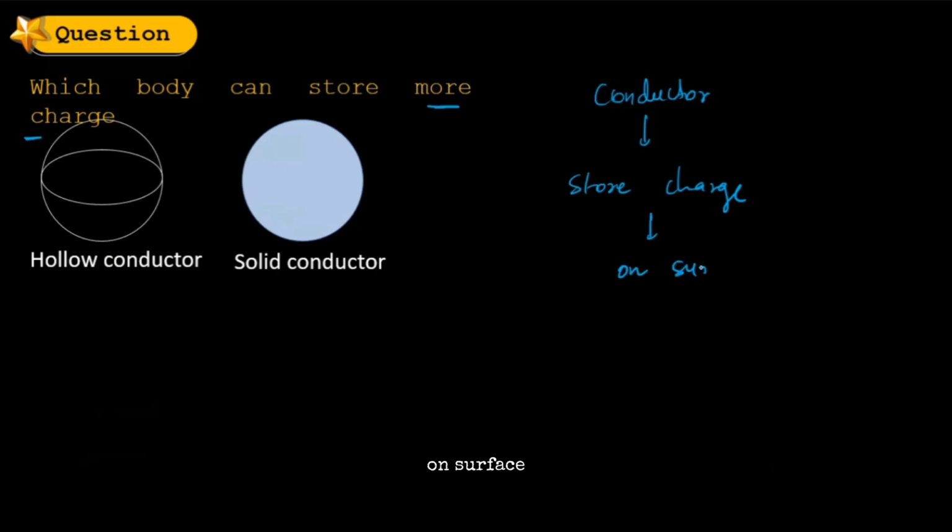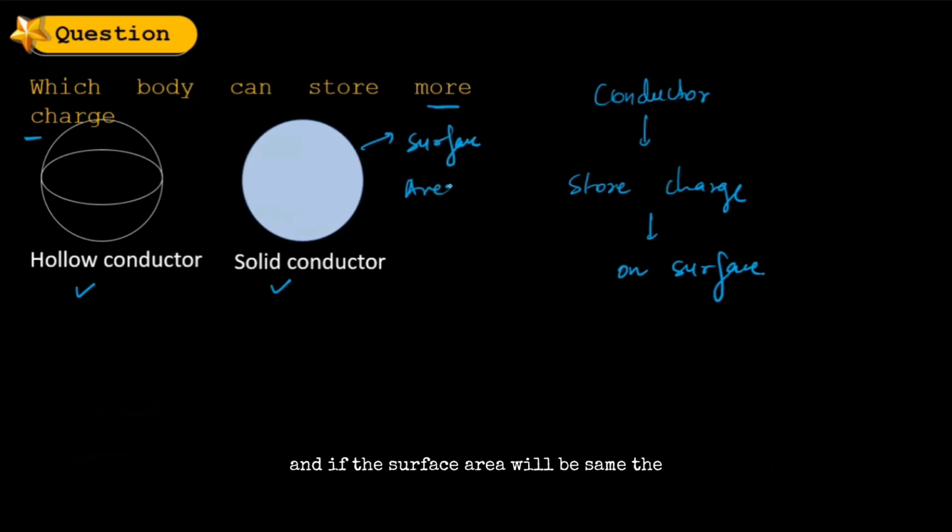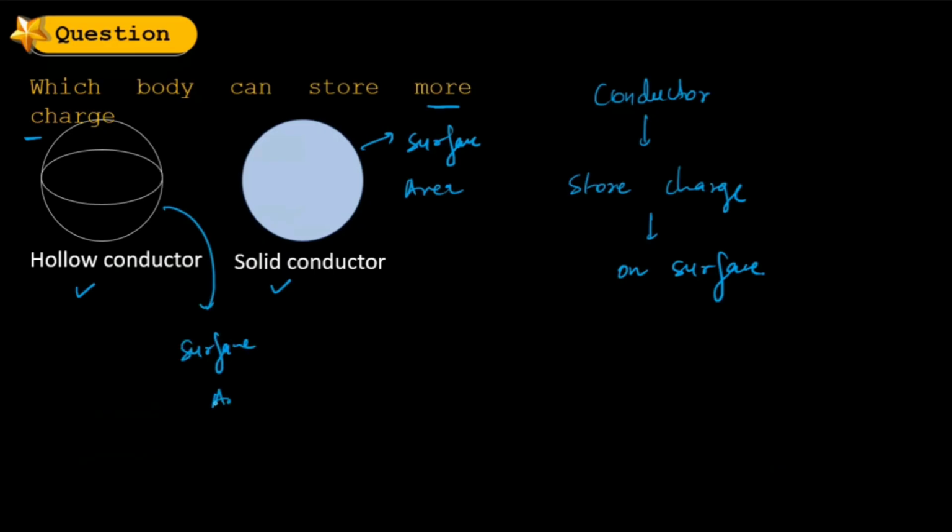So whether it is hollow or solid, the surface area will be the same. And if their surface area is the same, the ability to store charge will also be the same. It doesn't matter whether they are solid or hollow. So again, it's an important point to keep in mind.